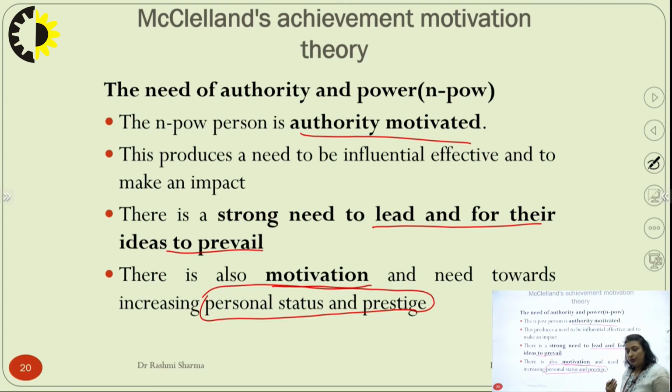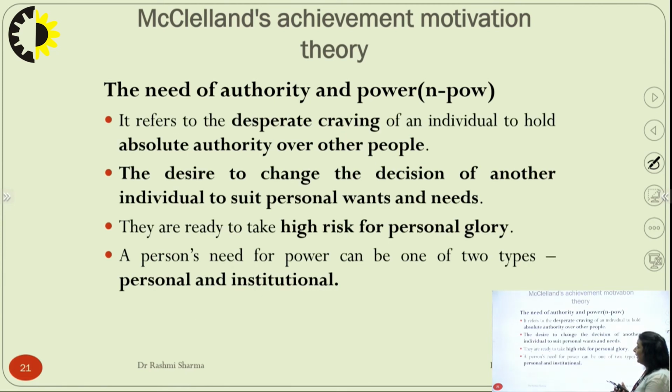So they have control over the public, and the public is listening to them and following whatever solutions they give. These types of persons are, as I told, desperate to carve out absolute authority over other people. They want the minds of the persons who follow them to be in their control. They should not think beyond what the leading person is telling them.